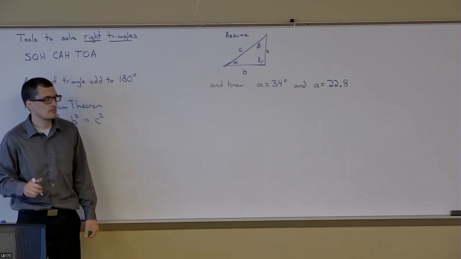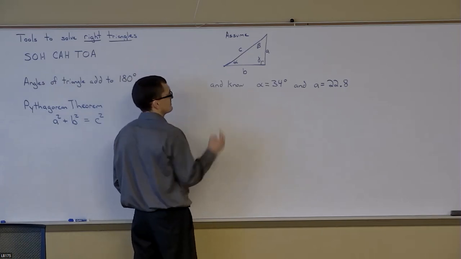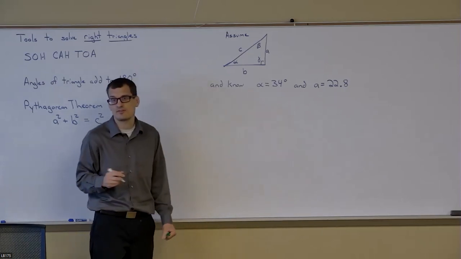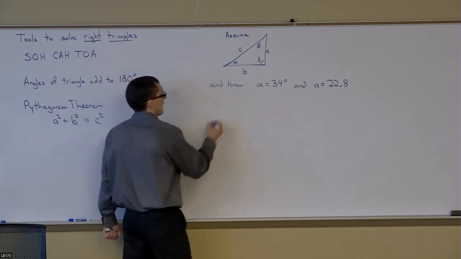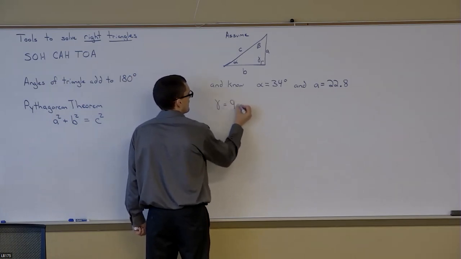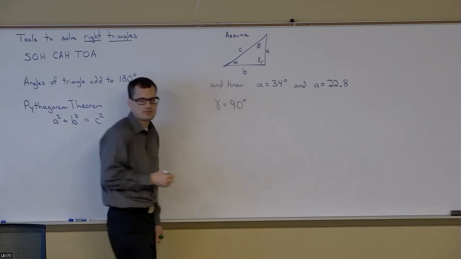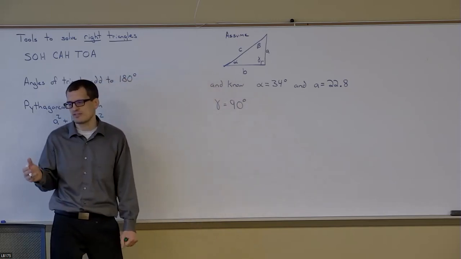Let's start with the angles. It's not always the first thing I start with, but all right, I know that gamma is 90 degrees because it's a right triangle. We always know in this section, that's always going to be 90 degrees.